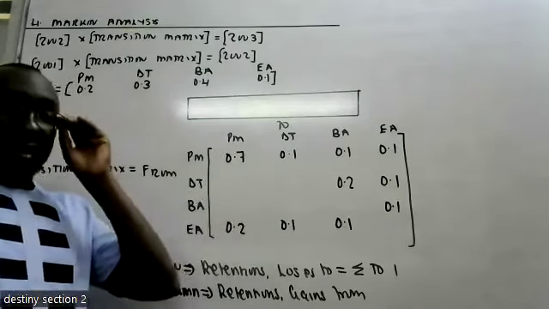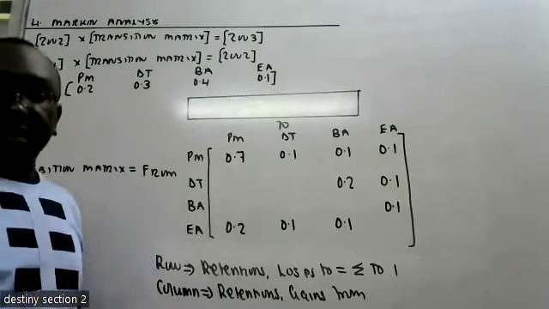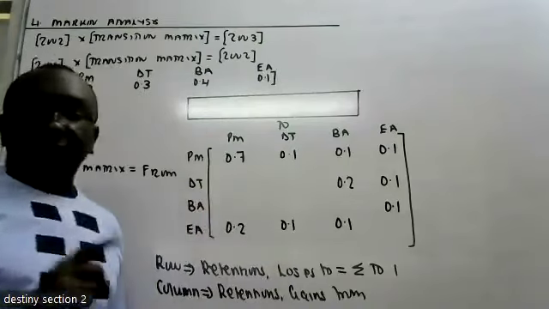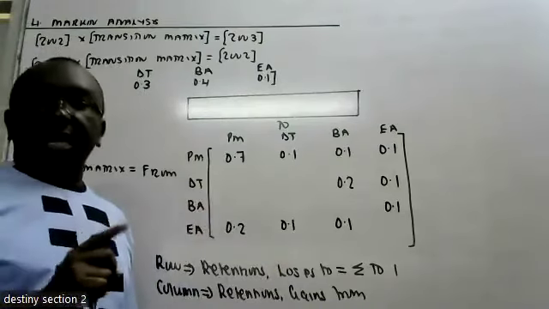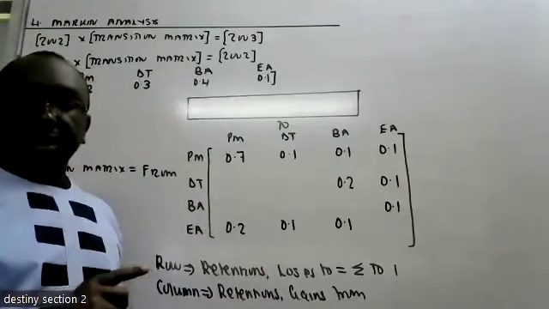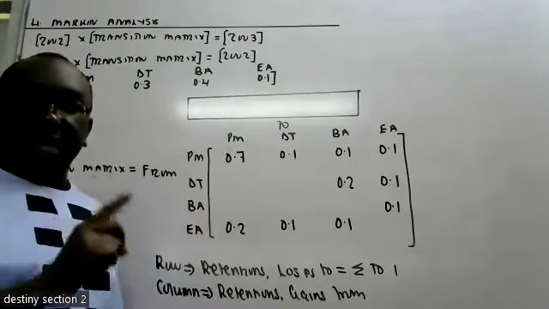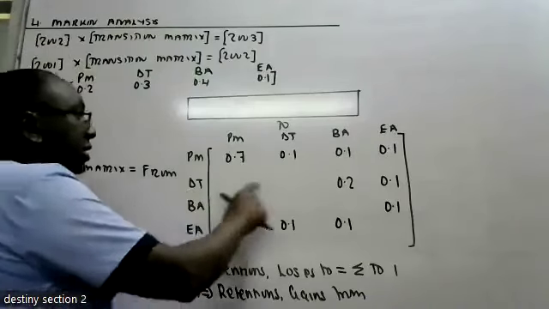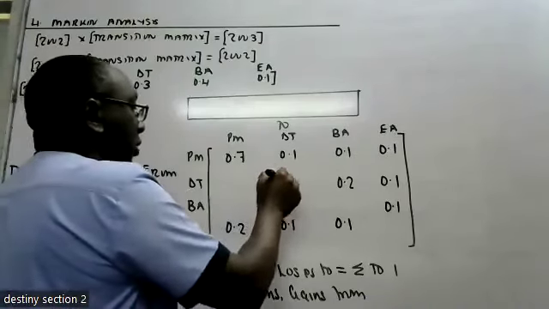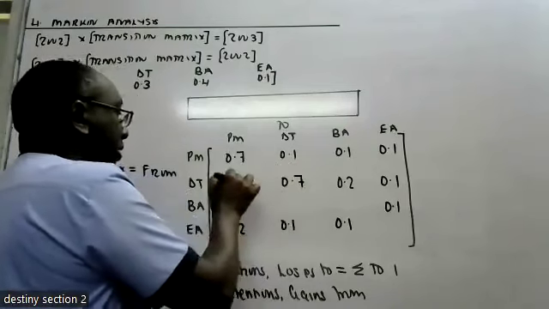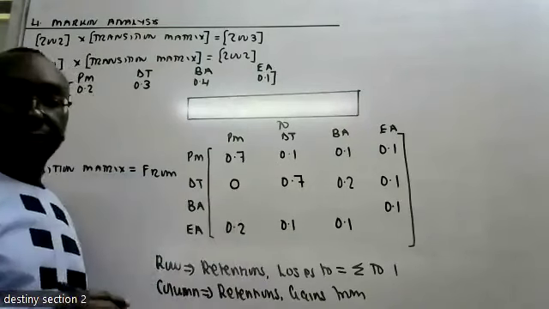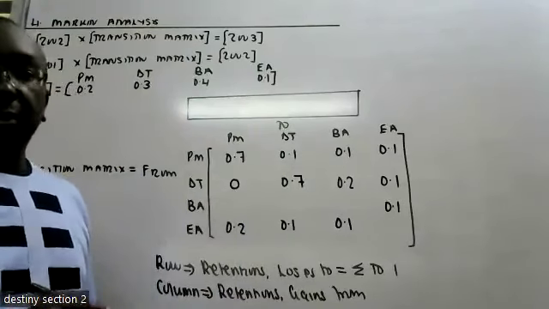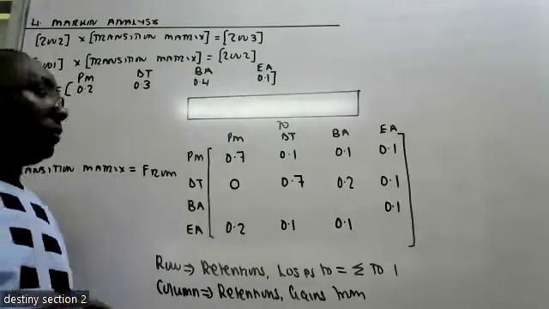But we have two spaces that are vacant, this one and this one. When you have two spaces and the question did not tell you about them, then you only give the retention. So the retention for DT is 0.7. If you have more than one space, then you only work with the retention.